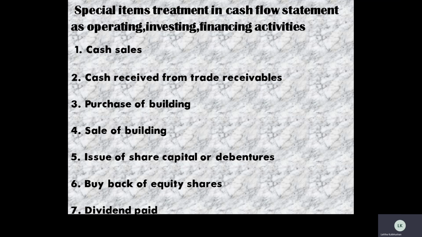So though dividend paid and interest paid by nature are treated as financing activities, while making a cash flow statement it has two effects. The first effect is it is added as a non-operating expense under the heading operating activities. The second effect is it is shown in the financing activities as an outflow of cash. That's why it is subtracted or deducted.